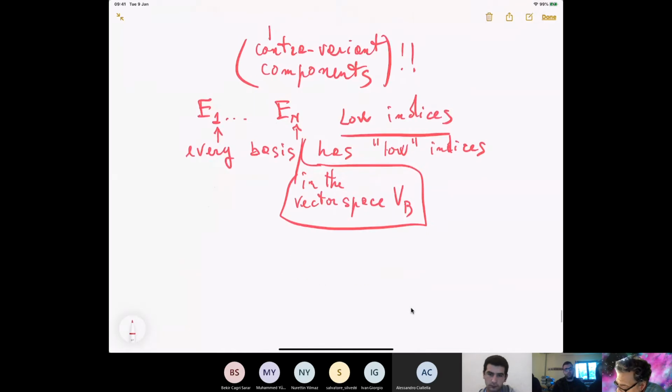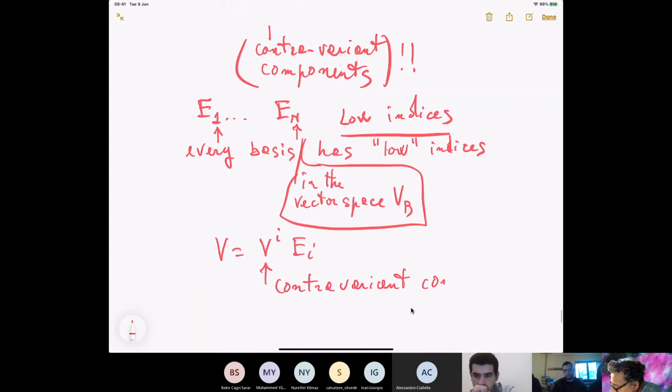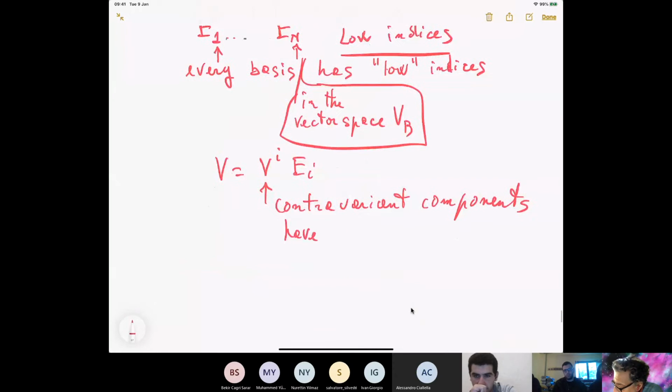Be careful. The contravariant components have an upper index.